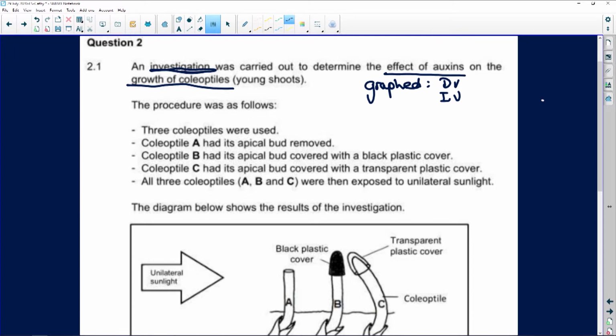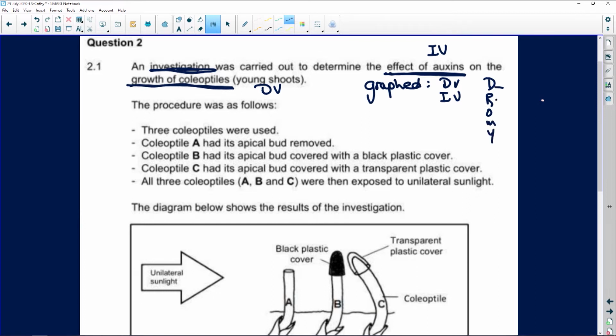The effect of auxins would be your independent variable, because your investigators are going to decide how the auxins affect the growth, and your result is going to be in your growth, so that's going to be your dependent variable. Remember our little word DROMY, D-R-O-M-Y.